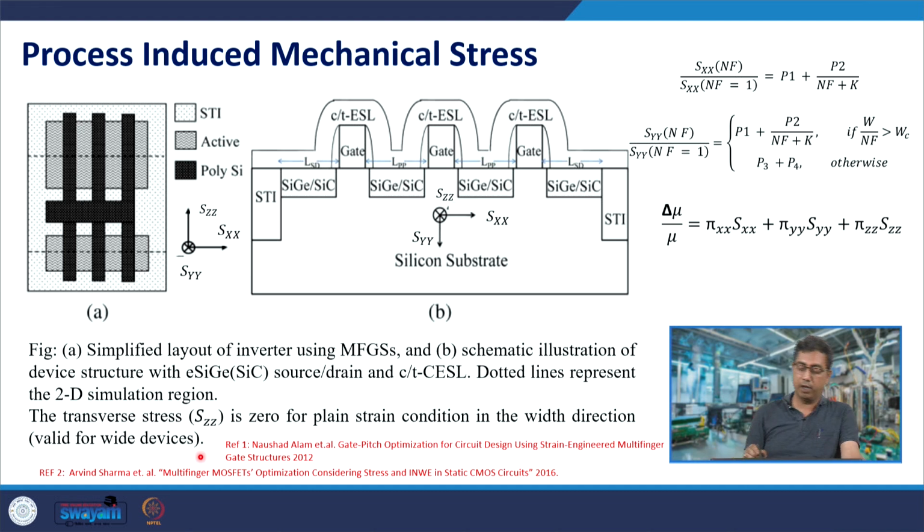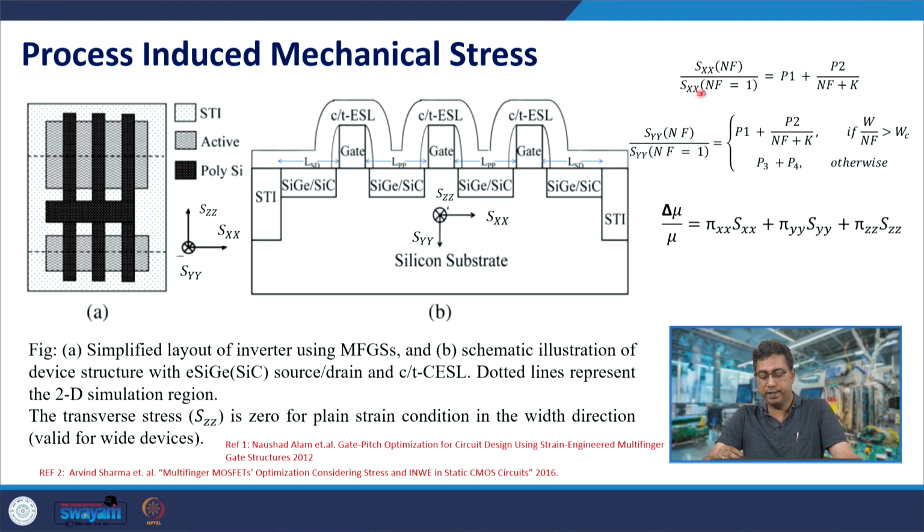So in this paper we found that the mechanical stress can be empirically given by this, the x component for the number of fingers changing. For one finger, it has a mechanical stress of x component this much, then for some other number of fingers, say 4, the x component would change in this manner non-linearly, and these two are empirical parameters that we can extract for a given PDK. Okay. And Z component would also behave in the same way.